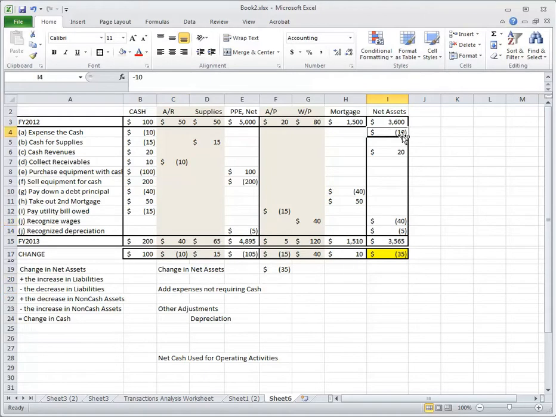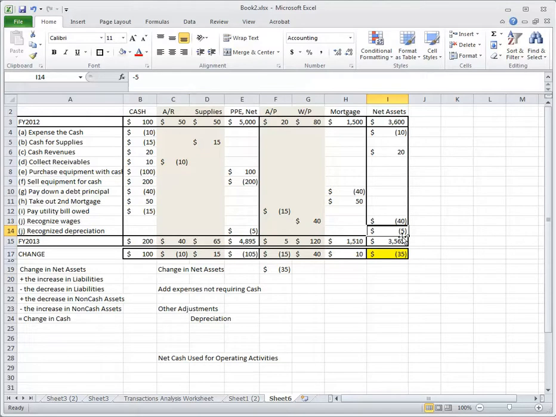This expense right here involves cash directly, right? This expense here for wage payable is not a cash expense right now, but it does involve cash because it will require cash eventually to pay it out, at least in a modern economy.